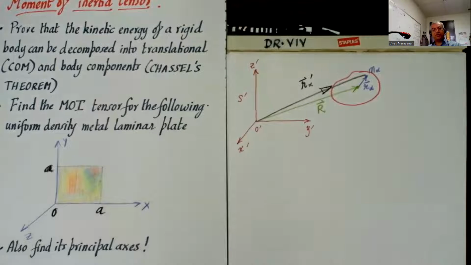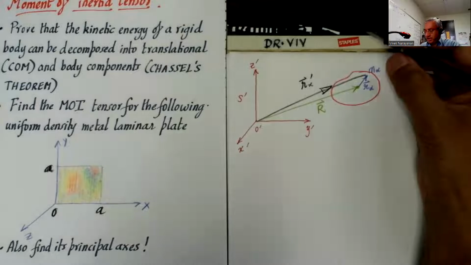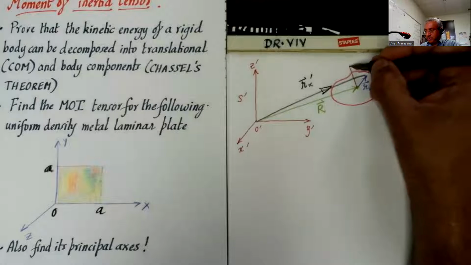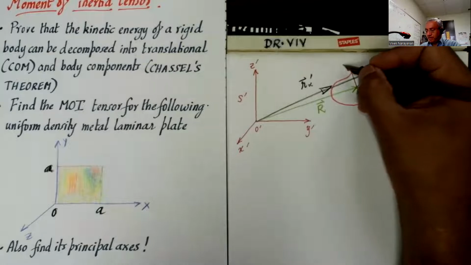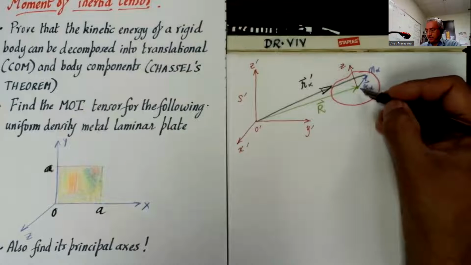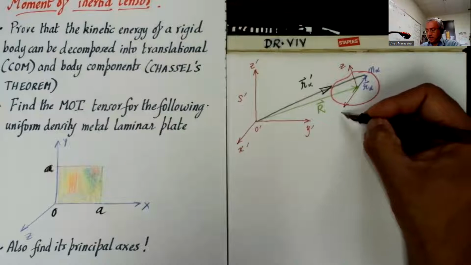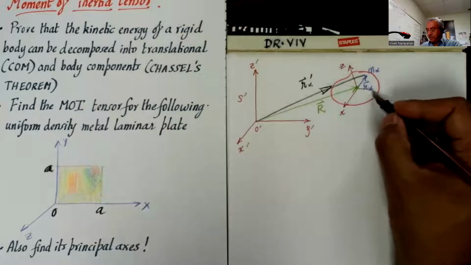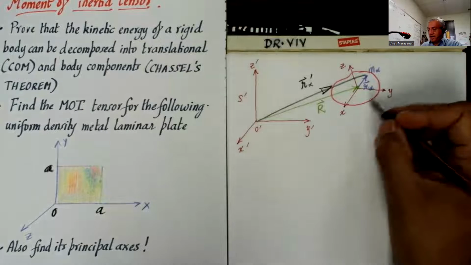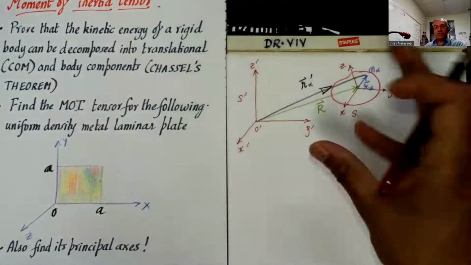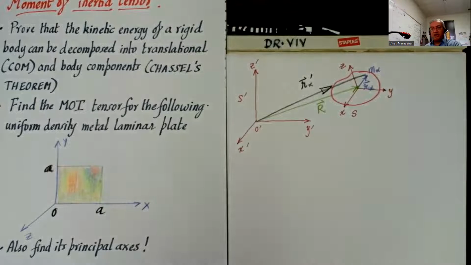So these notations are consistent with the ones that I developed while talking about non-inertial frames in a couple of videos back. So that is my frame S. It's got the axes X, Y, and Z. And in general, the frame S could be rotating with respect to the frame S prime.